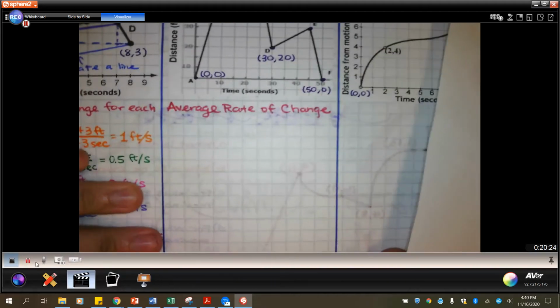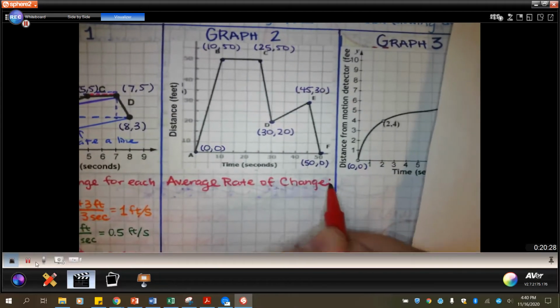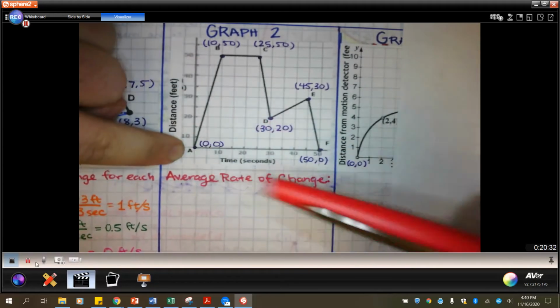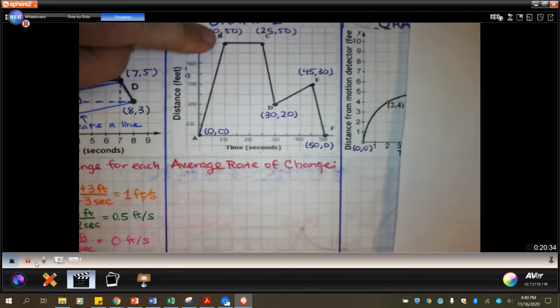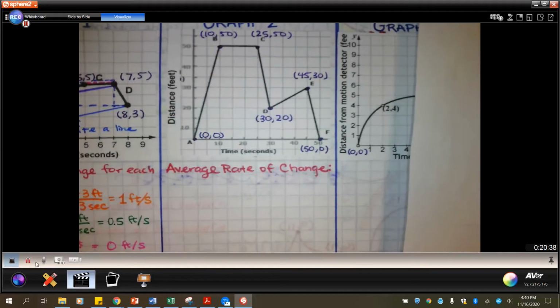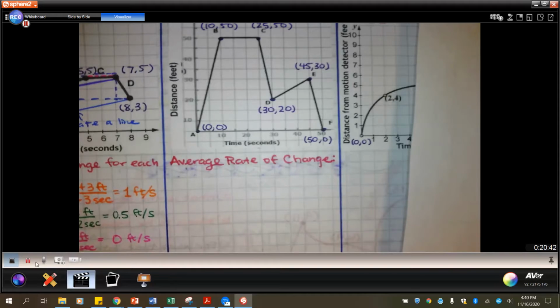Okay, sorry, back up here. Average rate of change. Okay, so we could find the rates of each of these lines, but I again want to show what happens if we do different sections.